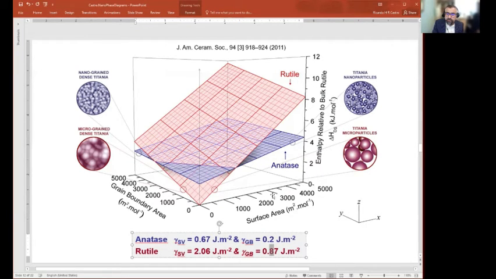So 3,000 here is anatase, 3,000 here is rutile. So if I have some grain boundaries, I'm going to be transitioning this change. You're going to have some interfaces that will allow the formation of rutile instead. So how much my particles are sintered will actually affect it. And that's the key point of that.